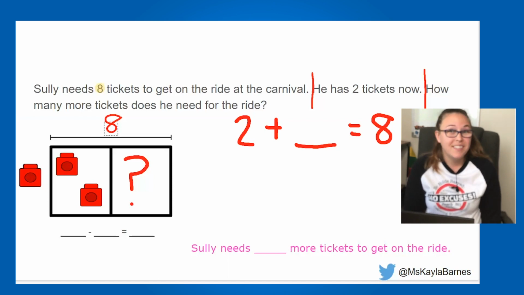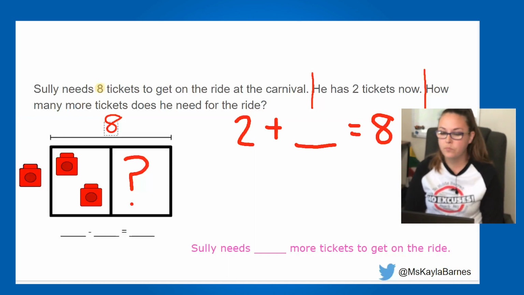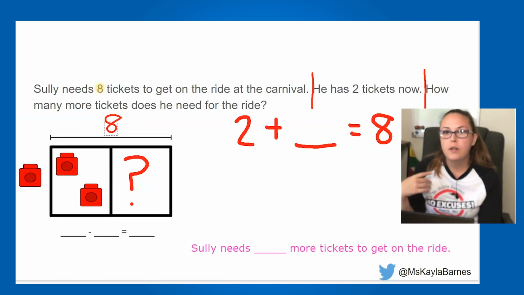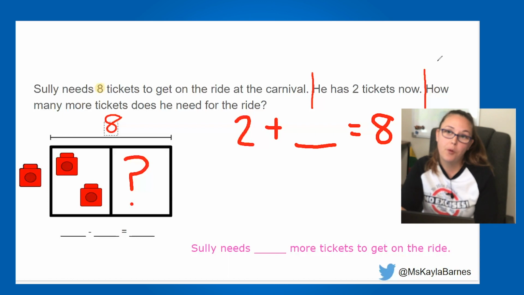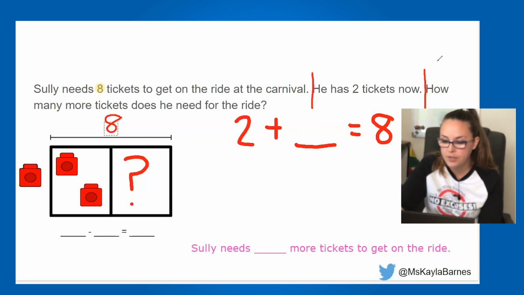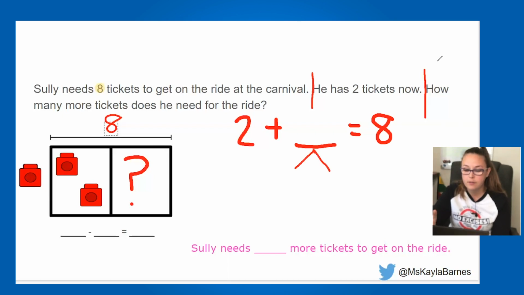Well, next we need to solve this number sentence. So 2 plus what equals 8? There are a couple ways that we can talk about doing this. I'm actually going to create a more friendly number, and I'm going to break this unknown addend into 2 parts.